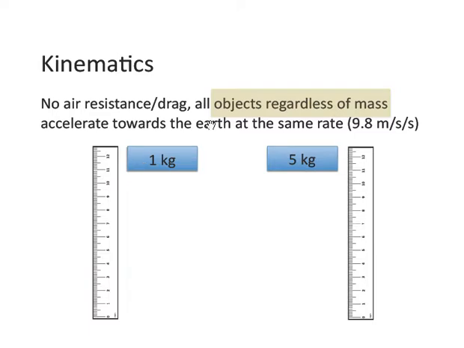Well, according to this statement, all objects regardless of mass accelerate toward the Earth at the same rate. If we drop these two objects from the same height, even though they're different mass, if there's no drag or no air resistance, and for a heavy enough object dropped from a low enough height, that's the case, then they'll hit the Earth at the same time.